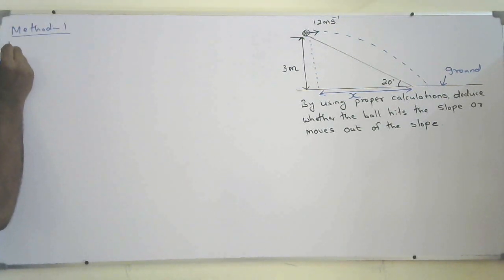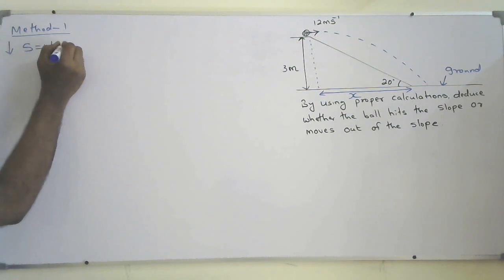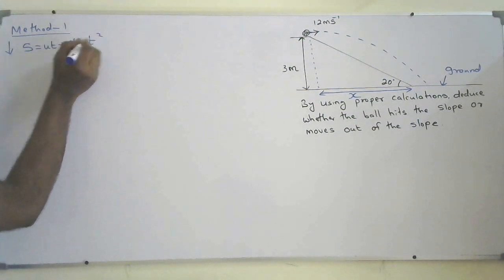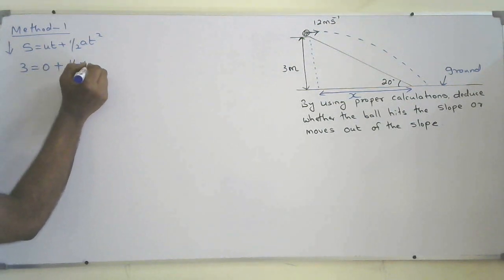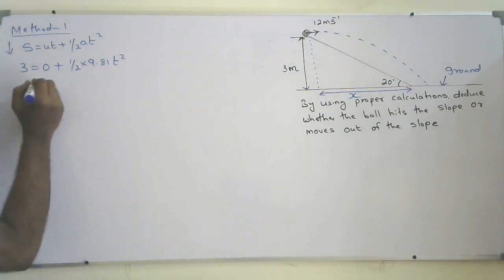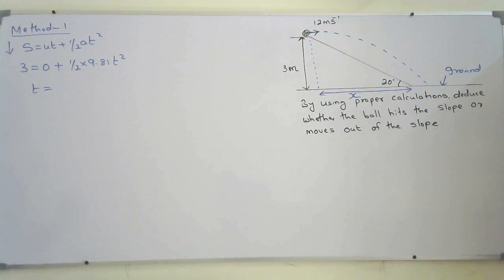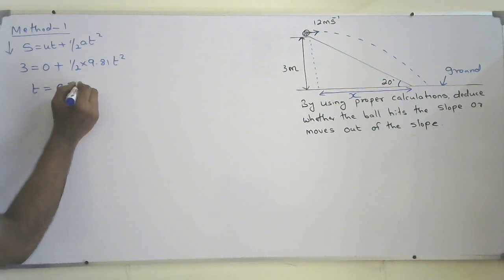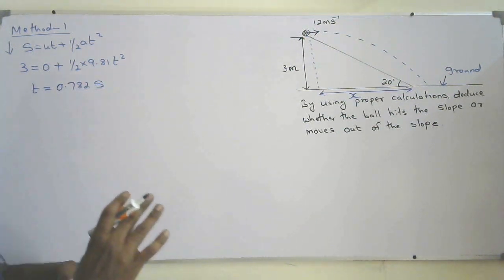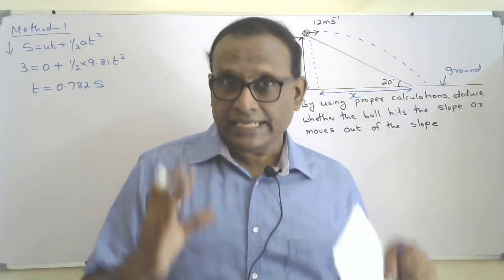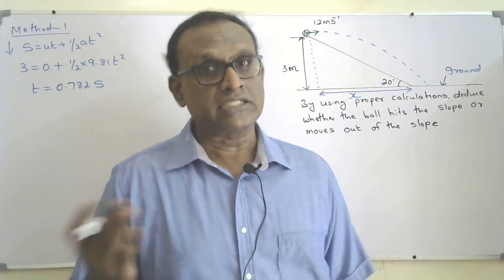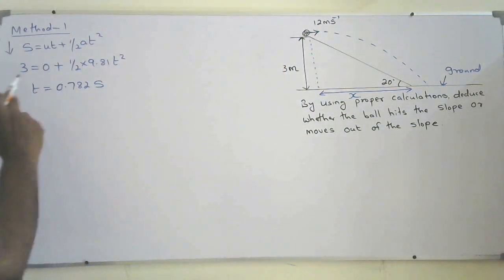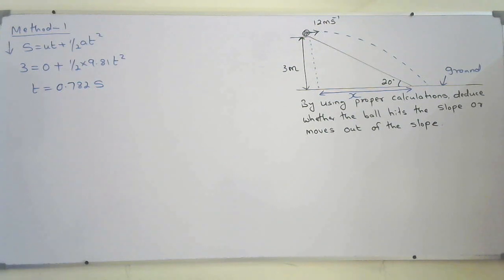Okay, so vertically downwards, S equal ut plus half at squared. The ball was projected horizontally, so the vertical displacement is 3, initial vertical velocity is 0, half into 9.81 t squared. Find the time taken. That will be 0.782 seconds. I'm not sure whether it's hitting or not, but in case it is hitting out of the slope, it has to fall vertically 3 meters. That takes 0.782 seconds.